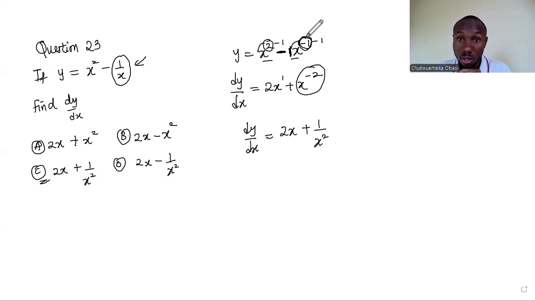I hope you guys know that. So minus 1 multiplied by minus 1 here is plus 1. I don't need to start writing 1 here. It's not necessary. You guys know that. So that is how this minus changed to plus, because of the minus power multiplying the minus here already. So that is how everything has worked out. And this is our answer, and this is option C again.